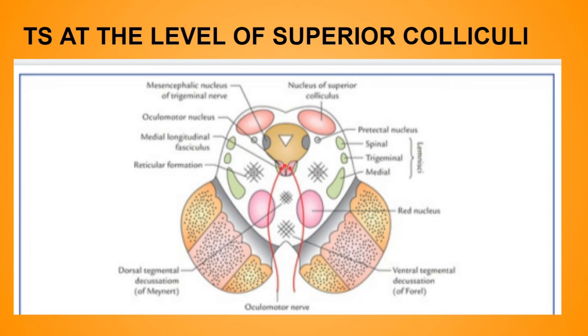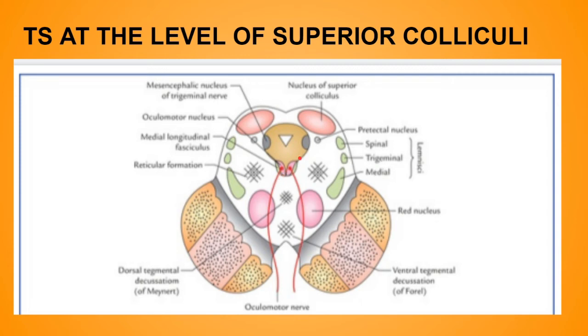As you can see, the central grey matter in each half contains two nuclei: the oculomotor nuclei and the mesencephalic nucleus of the trigeminal nerve. First of all, the oculomotor nuclei, shown in pink, lie in the ventromedial part. The nuclei of the two sides fuse together forming a single complex having a triangular outline.